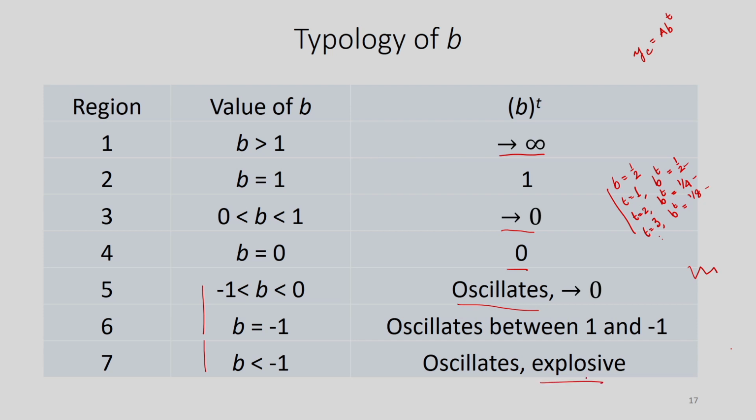So, the oscillation will become explosive, that is b to the power t will become far and far away from the value 0. So, that is why I am saying that it oscillates and it explodes.